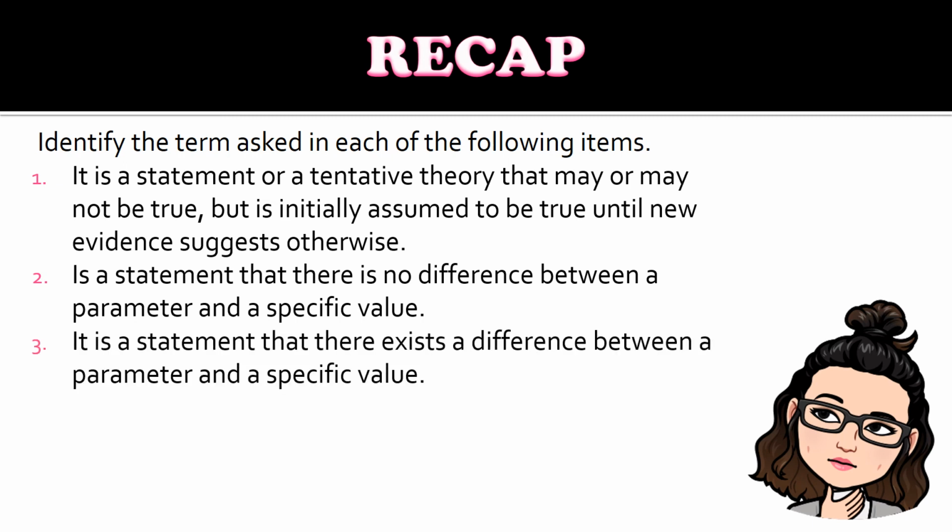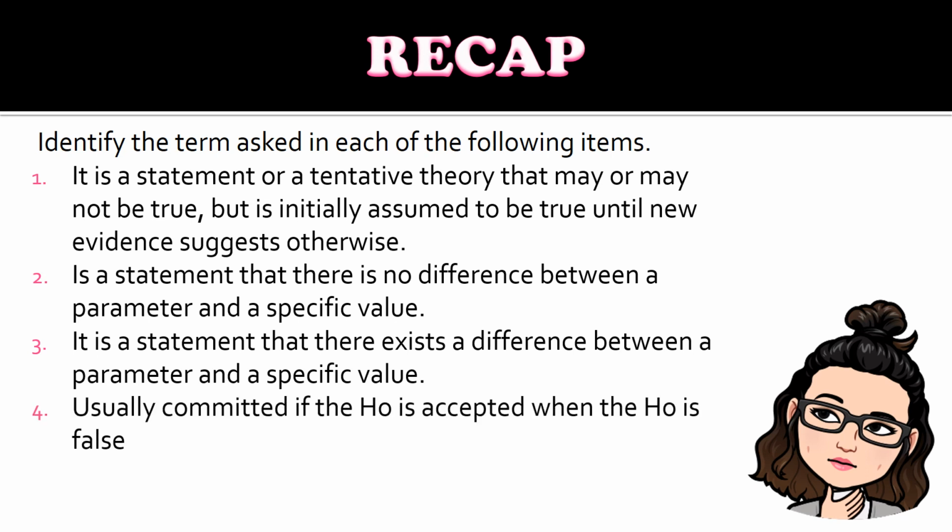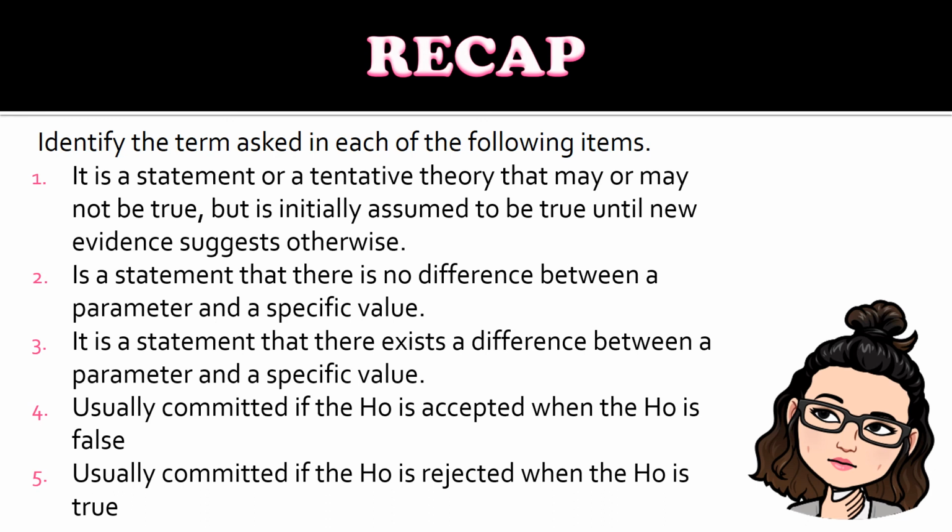Number 3. It is a statement that there exists a difference between a parameter and a specific value. Number 4. Usually committed if the null hypothesis is accepted when the null hypothesis is false. And number 5. Usually committed if the null hypothesis is rejected when the null hypothesis is true.